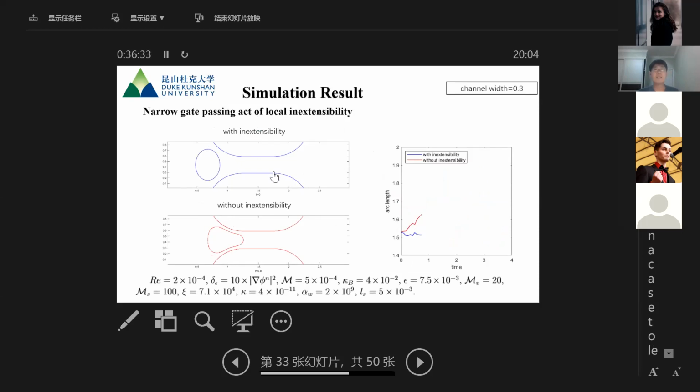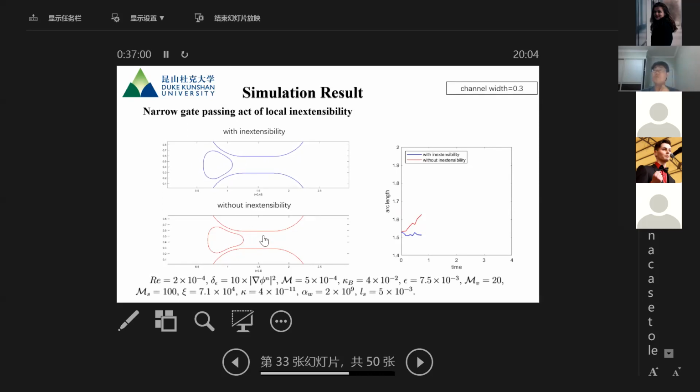You can see that if I consider the cell to have local inextensibility, that means the cell cannot deform too much or be stretched too much locally. Then the cell will block at this stenosis, the narrow neck of the vessel. Okay, it will block there because it cannot deform heavily.